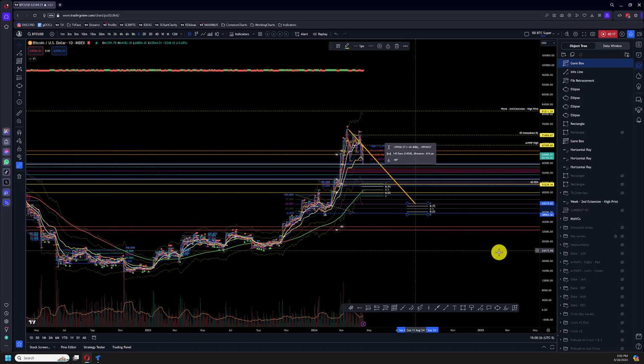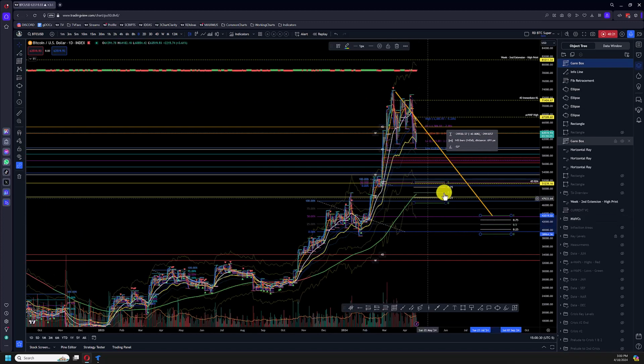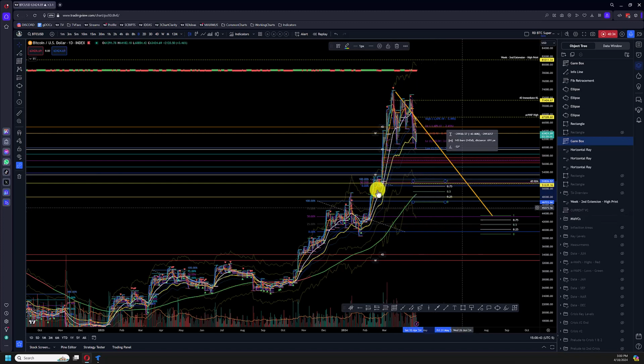So I didn't really see this ahead of time, but these are the zones that I have to consider dollar cost averaging in. Of course, starting here. I need to move this up a little bit. Right there, starting here, and then starting here.